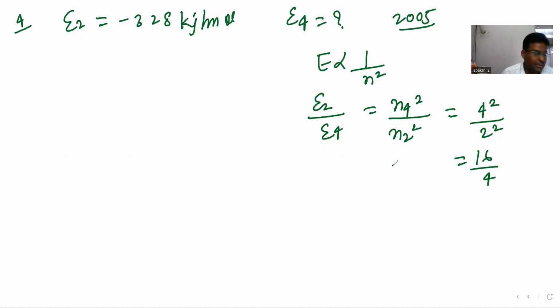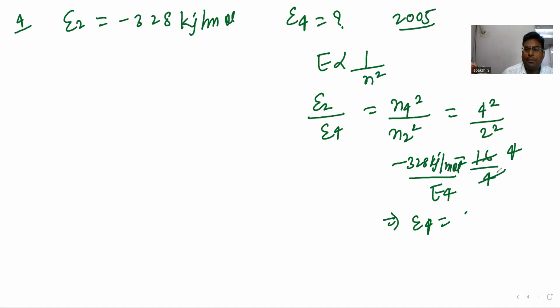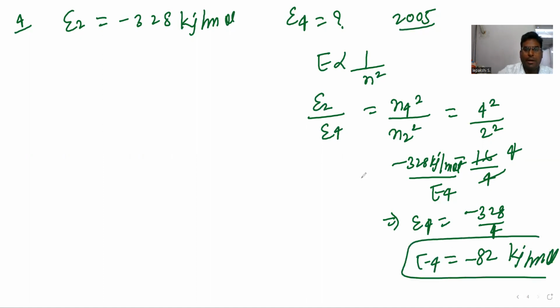E2 value we know is minus 328 kilojoule per mole, divided by E4. So solve it, E4 will be minus 328 upon 4, which is nothing but minus 82 kilojoule per mole. So this is the energy in the fourth orbit, right?